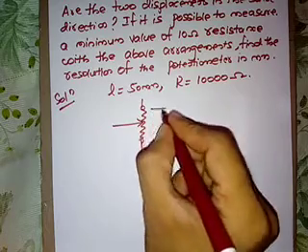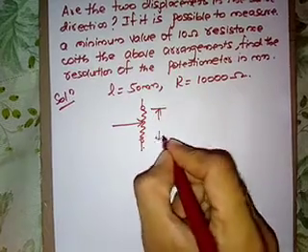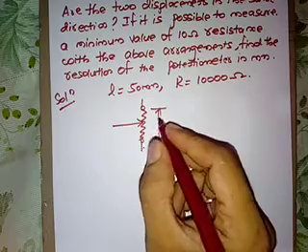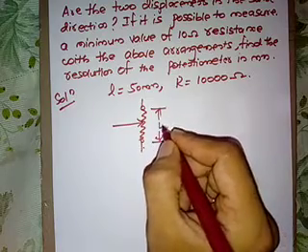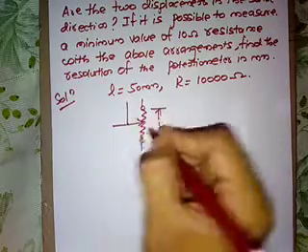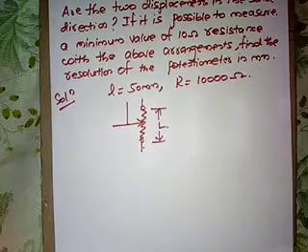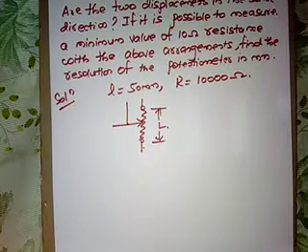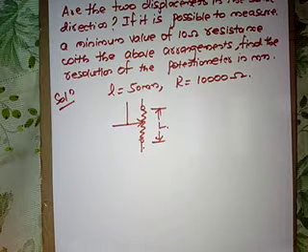This is the length of the potentiometer L, and this is the slider which moves on the potentiometer. We are supposed to find the linear displacement when the resistance of the potentiometer as measured by Wheatstone's bridge for two cases is, first one 3850 ohms, second one 7560 ohms.